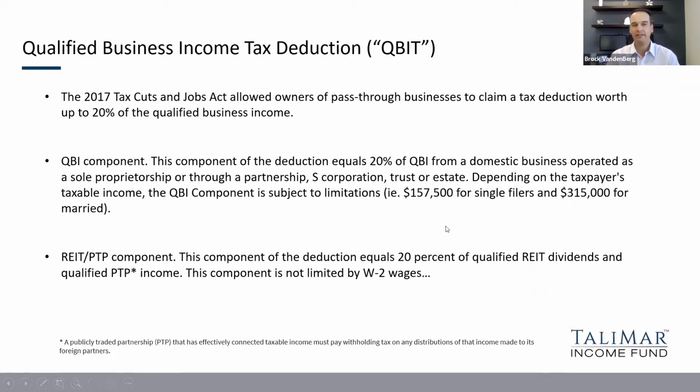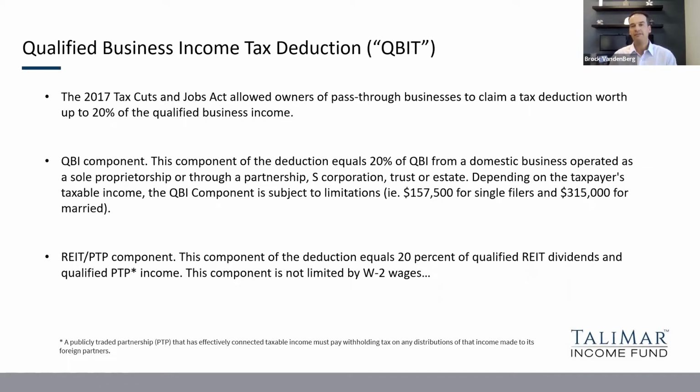However, in the same regulation, it did say that REITs, now this is straight off the IRS website, literally verbatim off the IRS website, if it is a REIT, the REIT is not subject to the W-2 income qualification.